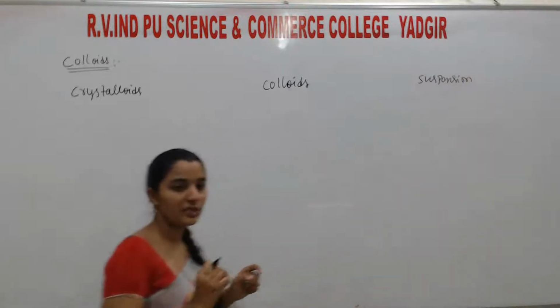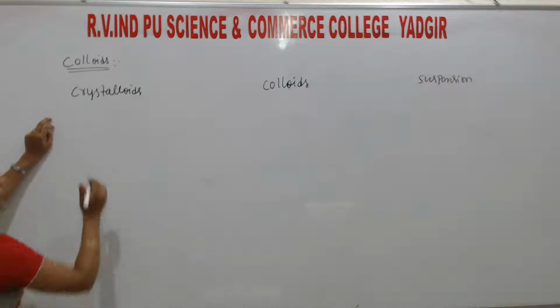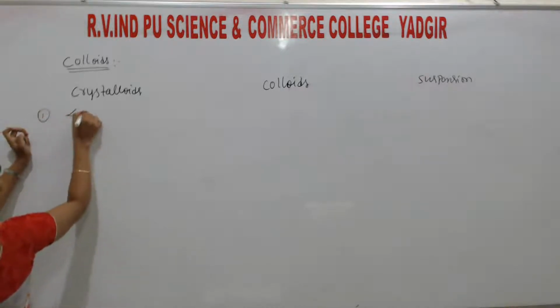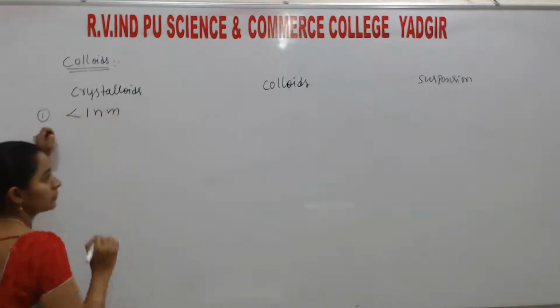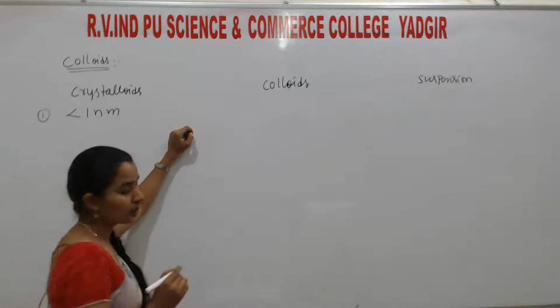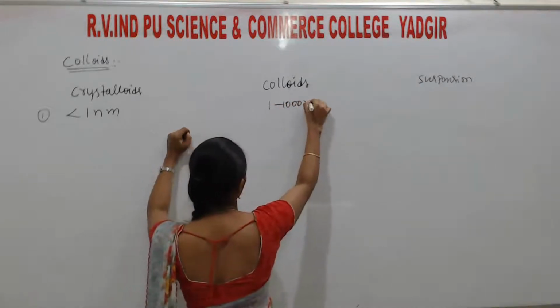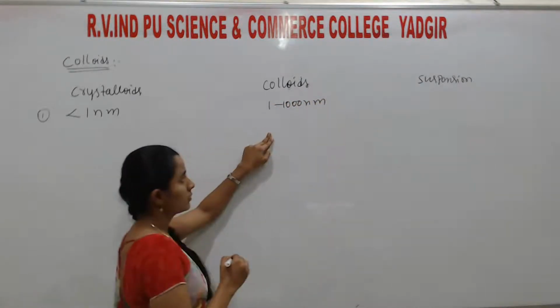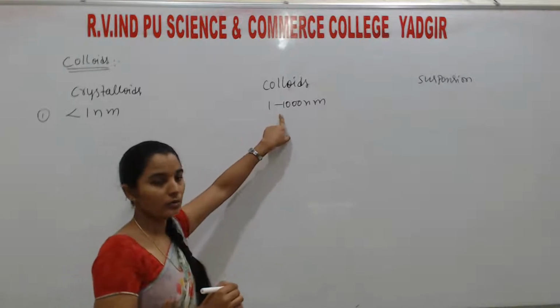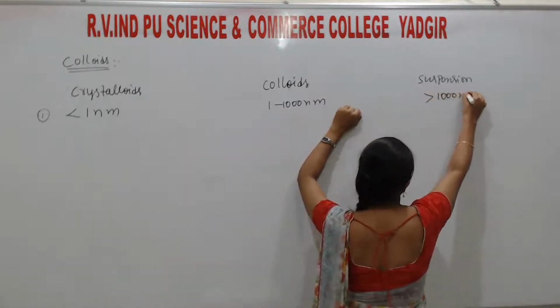So students, first one is size. Here the size is less than 1 nanometer, this is in between 1 to 1000 nanometer, and this one is greater than 1000 nanometer.